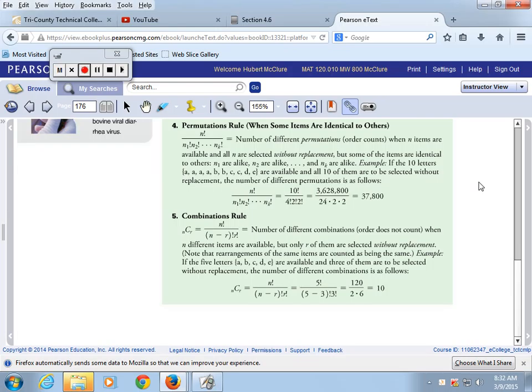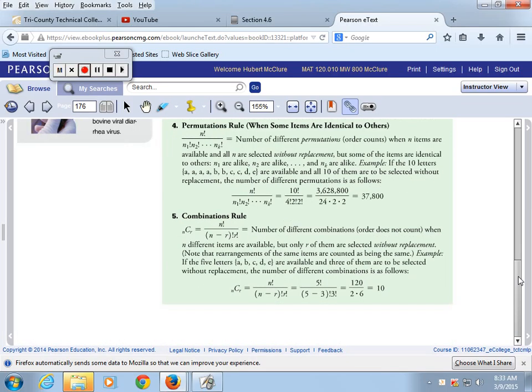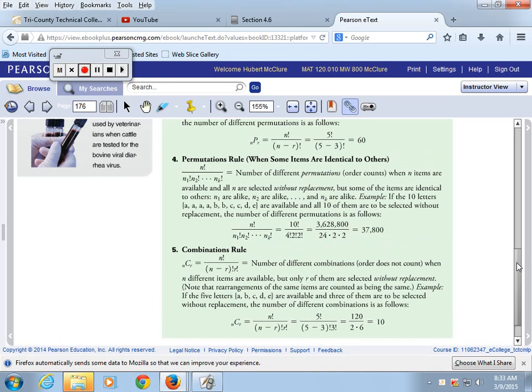is the R factorial. Now, somebody that thinks about math, I'm going to pull this down a little bit. Look at the two. Okay, there's the two formulas right there. Y'all can see them.